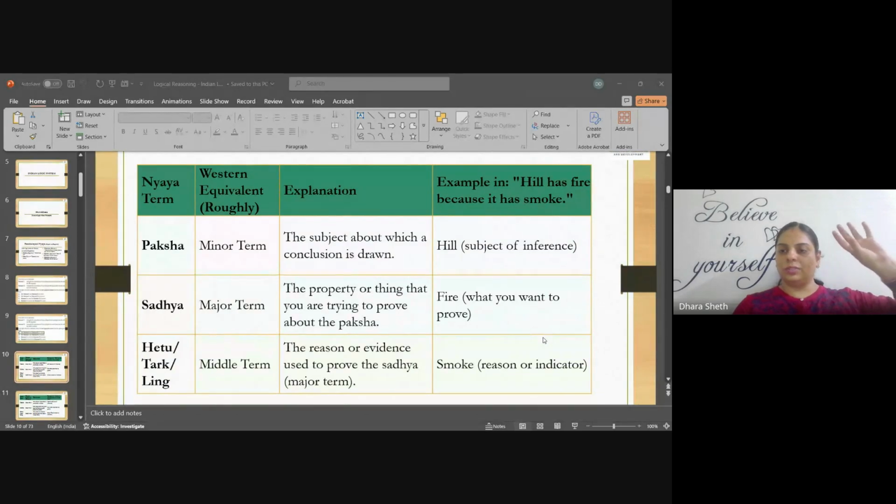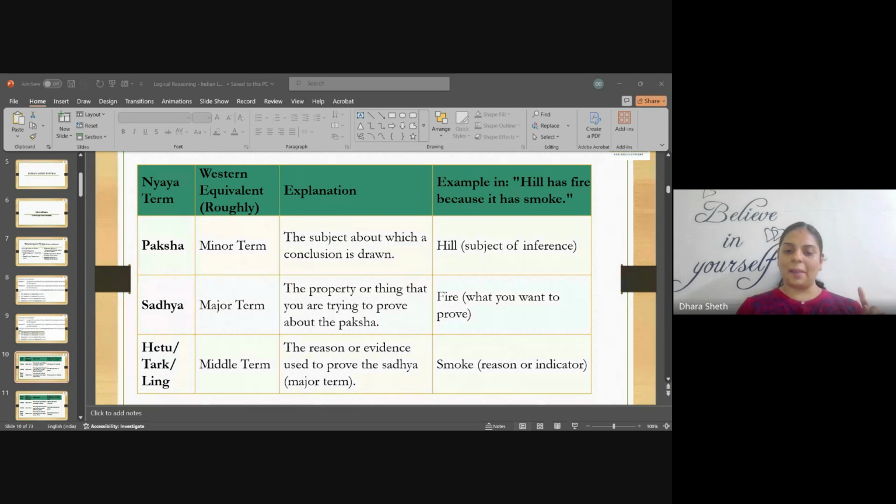So the subject you are talking about is your paksh or minor term. Whatever you are trying to prove is your major term or sadhya. Both these words can be there in exam. Either they can call it major term, either they can call it sadhya. You should be ready with both. And hetu, tark and link or middle term can be used to talk about the reason.